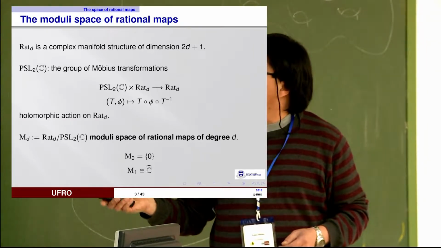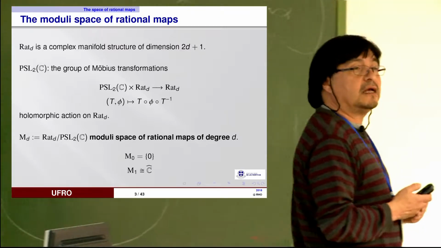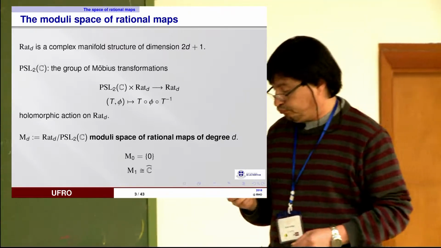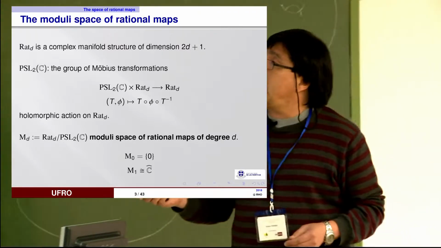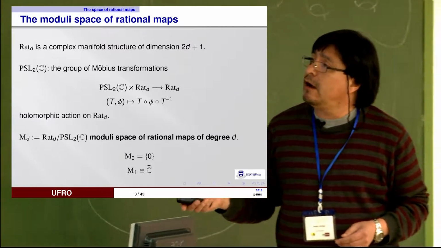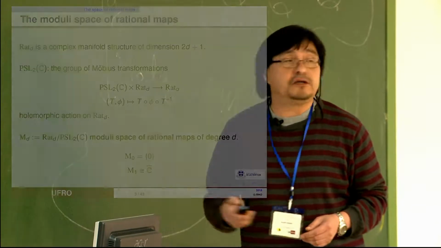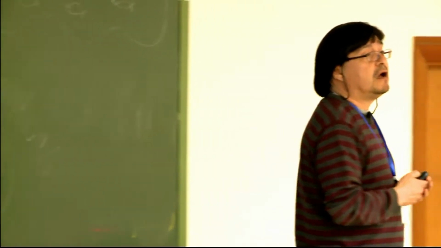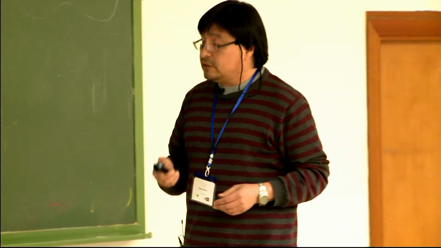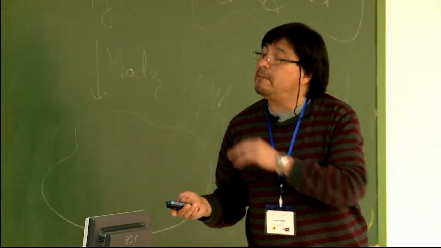And that action is holomorphic in that complex structure. The quotient of this rational space by the Möbius transformations is called the moduli space of rational maps of degree d. So this is a complex orbifold. I will go back to this.